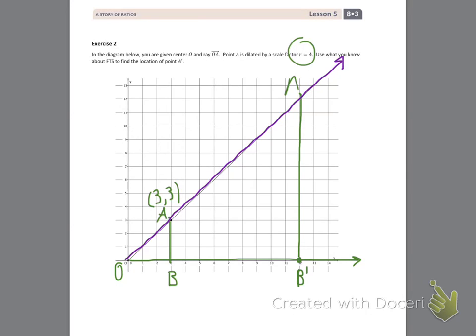So this point here is A prime. So the coordinates of that point are 12, 12. Okay, and I found the first 12 down here by just dilating OB by a scale factor of 4. And I found the y coordinate of 12 by bringing this line up to the purple ray containing O and A. Okay, so I found the location of point A prime. Okay, let's move on.